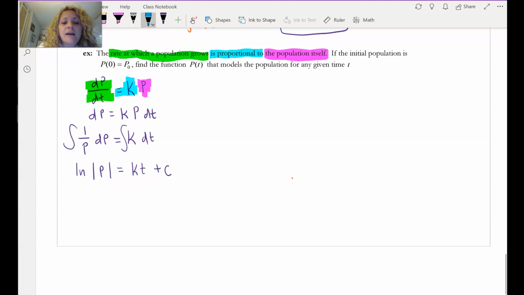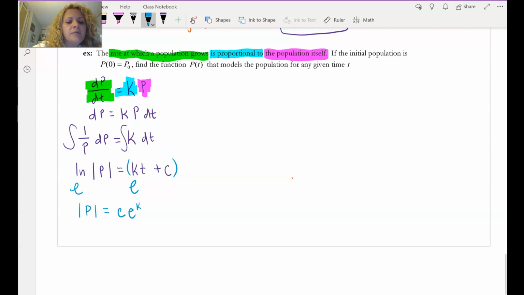All right, so we can do that again by exponentiating both sides with a base of e. When we do that, all that junk is in our exponent. And then on the left side, I have the absolute value of P, and that equals e to the power of kt plus C, k times t plus C. Just like the one above, I'm not going to go through all the steps, but we could use the power rules to rewrite that as the product of two different powers.